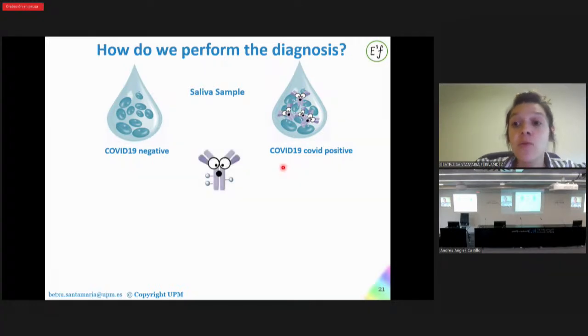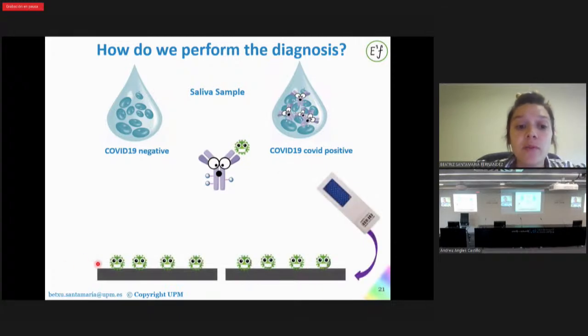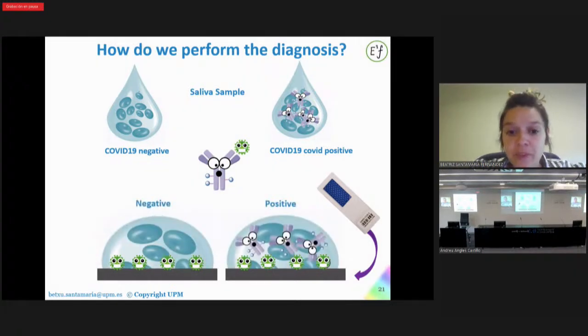So, which one is our bioreceptor in this case? The COVID virus. Thus, we immobilize this virus, which is not active, fortunately for us, on our sensor surface, and we incubate those samples.